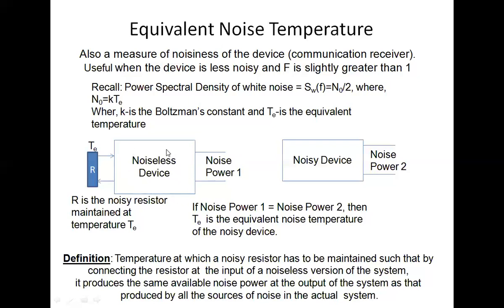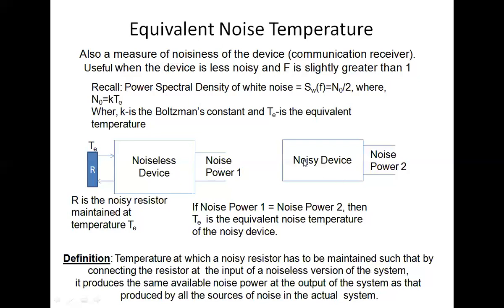Let us assume that we have a noiseless device, and here we have a noisy device. If you connect a noisy resistor R, maintained at temperature TE, at the input of the completely noiseless device and measure the noise power, let us call it noise power 1.